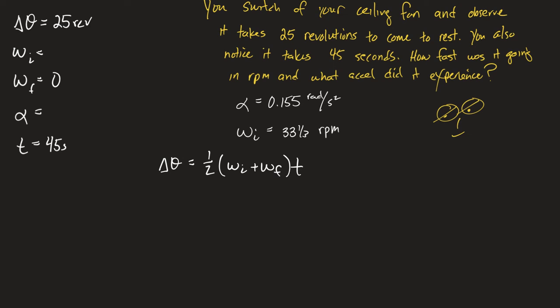I can leave this in revolutions, because I want my answer in revolutions per minute. So 25 equals 1/2 omega I plus 0 times 45, giving me 50 over 45 equals my initial.